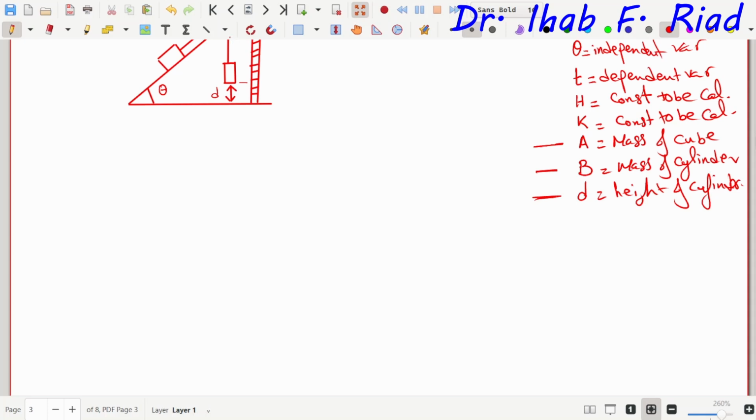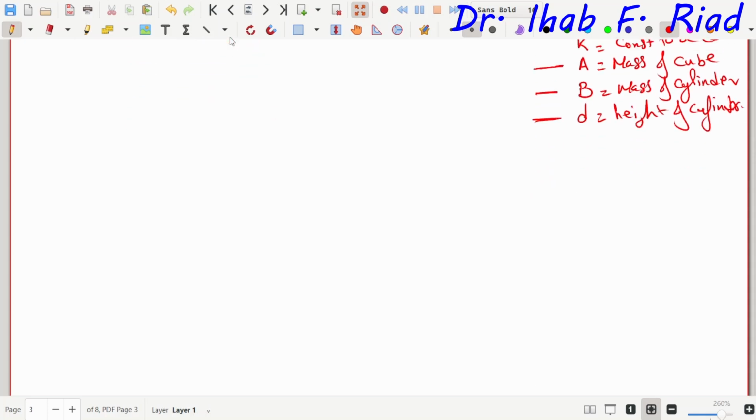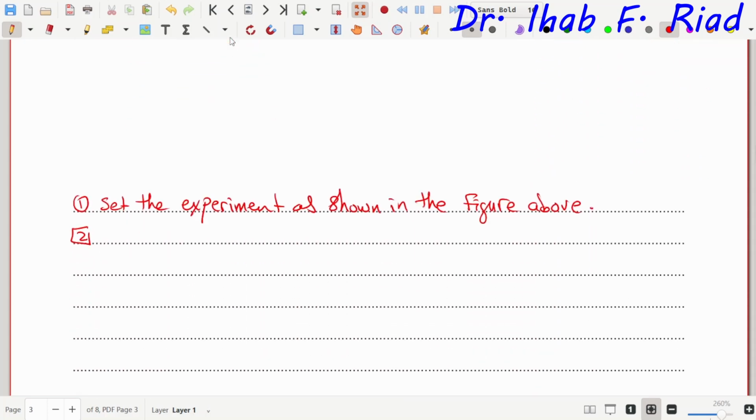Okay, for the mass of the cube and mass of the cylinder, we are going to use a digital balance.